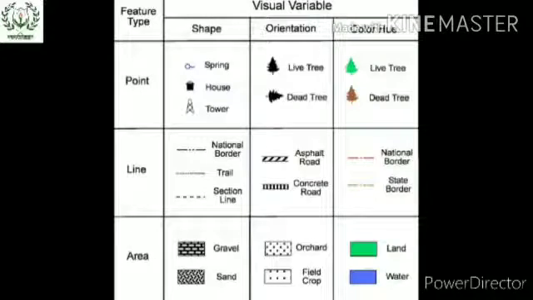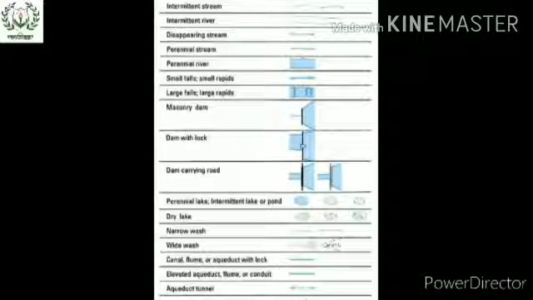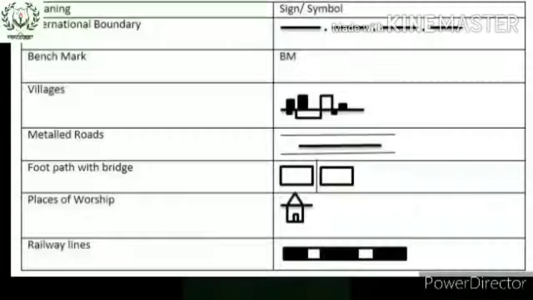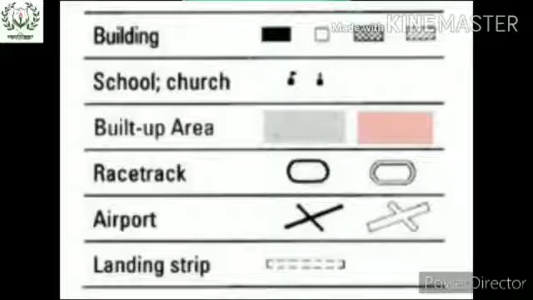We have to know the important boundaries like international boundaries, state boundaries, district boundaries, and we have to know the main important physical features like rivers, canals, lakes, etc. And there are important signs like national highways, state highways, other roads, roads with bridges, railways, airports. So these important symbols you have to remember.